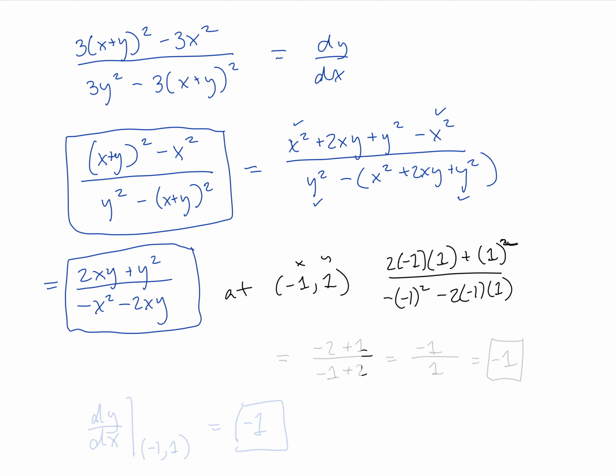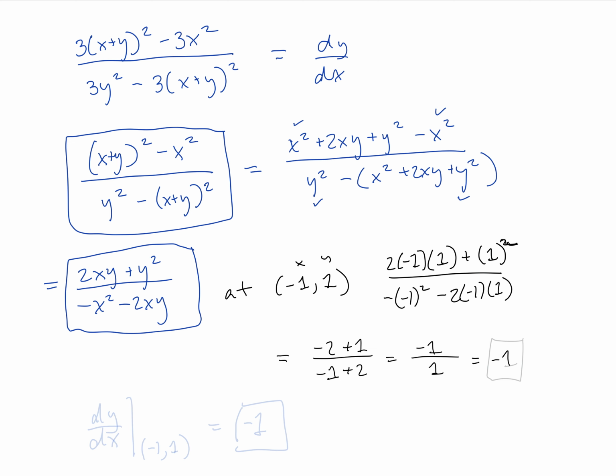So that then would be 2 times negative 1 is negative 2, plus 1 over negative 1 squared is positive 1, but then a negative out front. So that's negative 1 minus a negative, so plus 2. And we're left with negative 2 plus 1, which is negative 1, divided by negative 1 plus 2, which is positive 1.